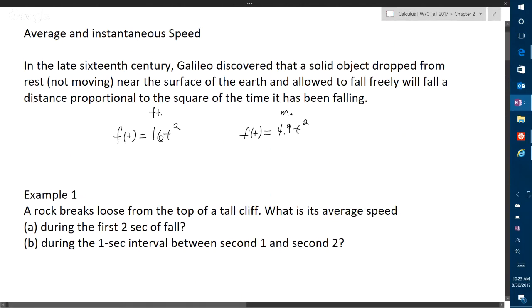What is its average speed? A, during the first 2 seconds of fall, and B, during the 1 second interval between second 1 and second 2. So I think for this, it would help if we had a graph.